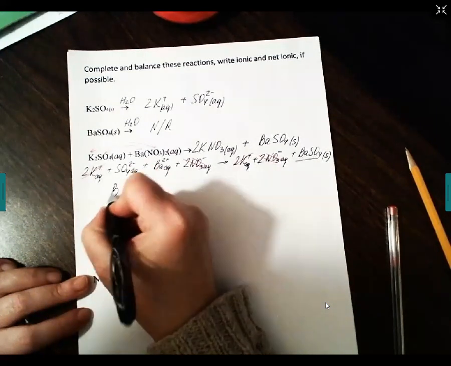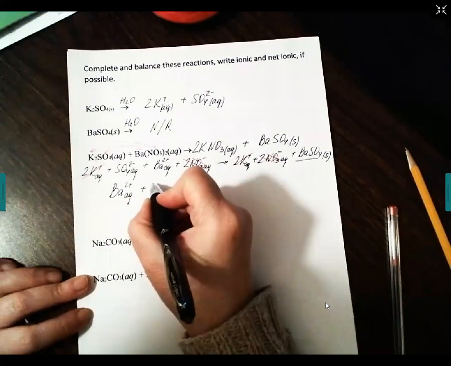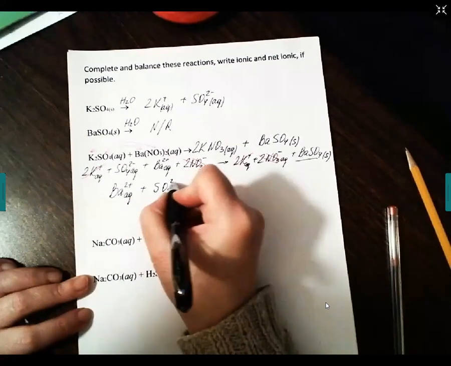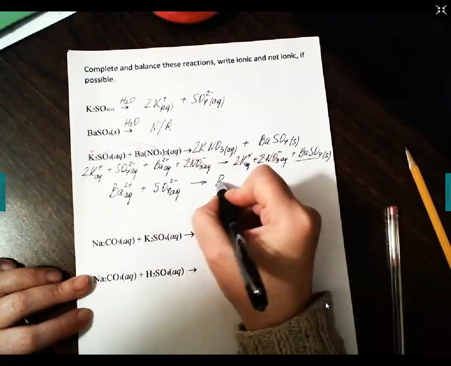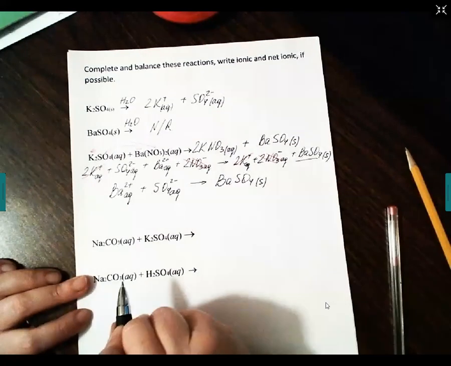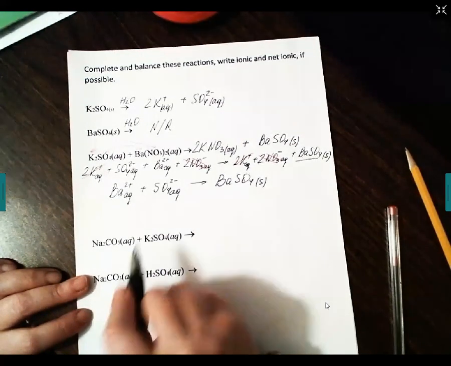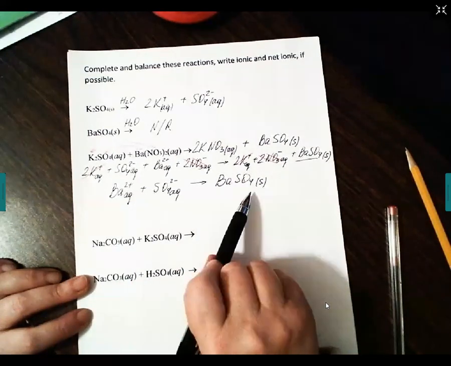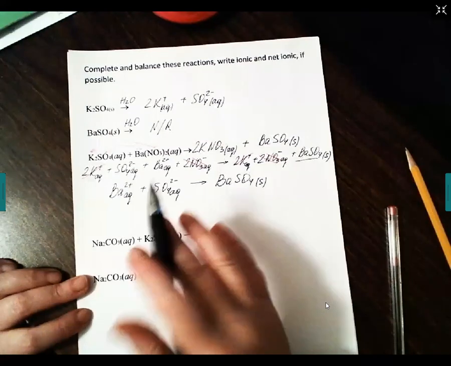So it's going to be barium 2+ plus SO4 2-, and it gives us barium sulfate solid. So net ionic equations always show us formation of solid, liquid or gas or a combination of these.